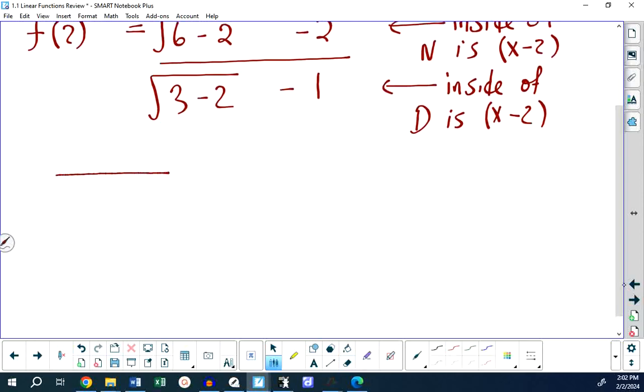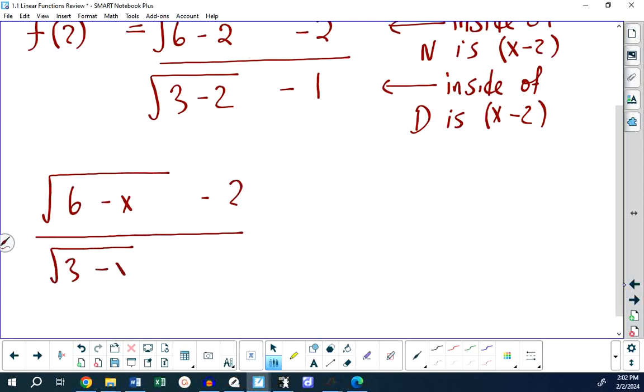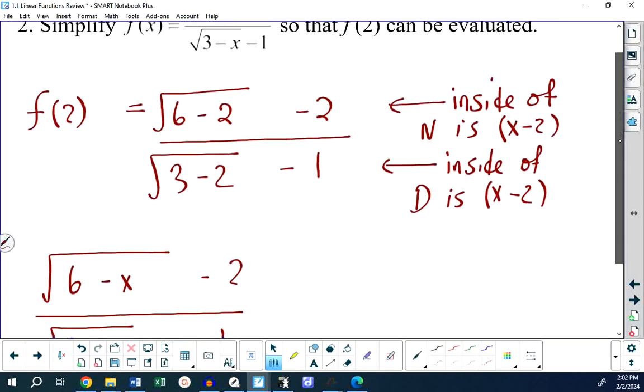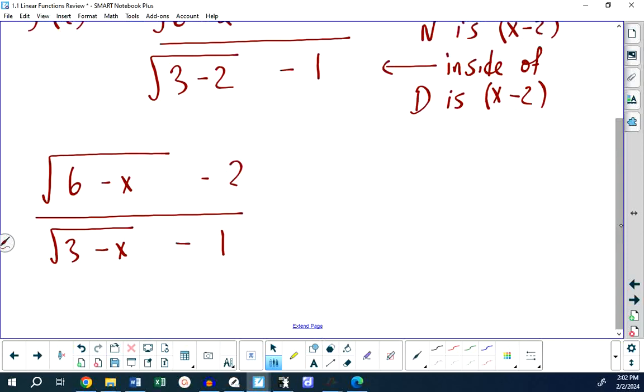take out your toolbox. I want to make sure I wrote that down correctly. Root 6 minus x, then minus 2, over root 3 minus x, then minus 1. And you would say, well, I'm going to try something. It seems to me that more often than not, it's the denominator that needs to be rationalized.